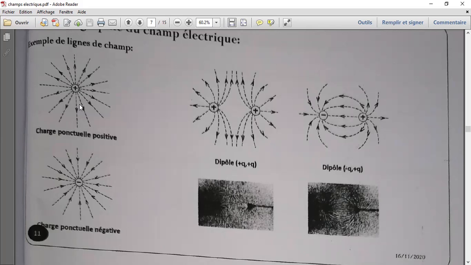The most important thing you have to know is that for a positive, when you create a field around it, its linear Deschamps is going outward. And for negative, its linear Deschamps is coming inward.